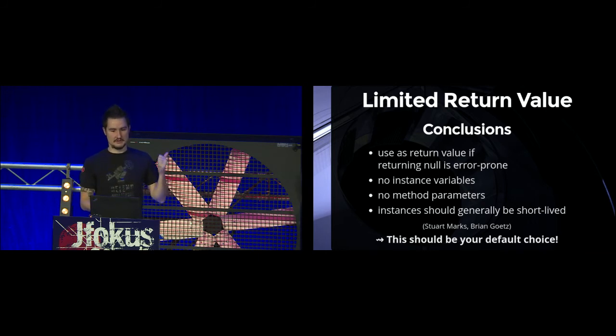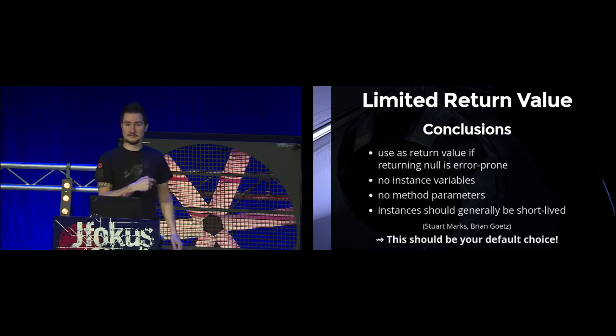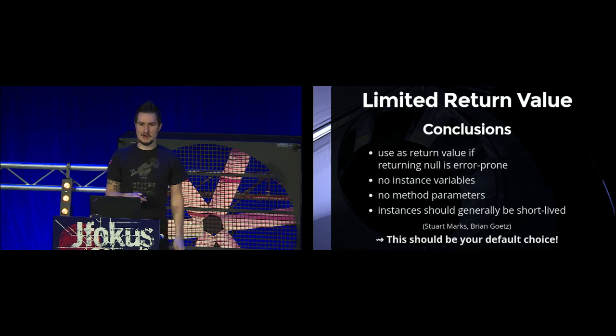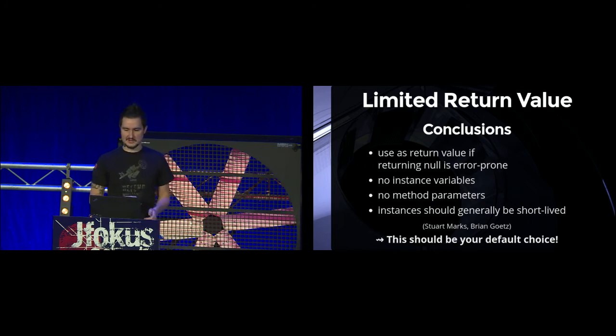So only use it for that: no instance variables, no parameters, and try to stick to short-lived instances. People having that opinion include Stuart Marks and Brian Goetz, two people who developed this class. So if you come away thinking this is too complicated and you don't want to participate in this discussion, take this option because it's a great default. It's a basic recommendation.